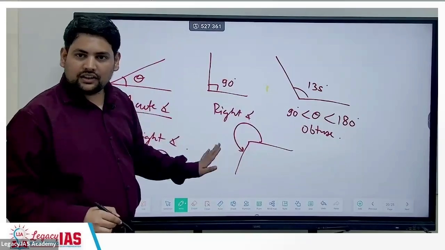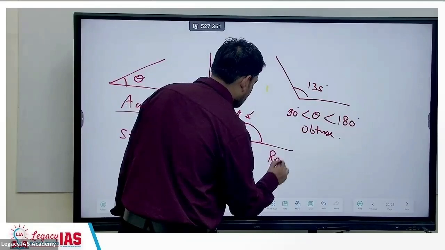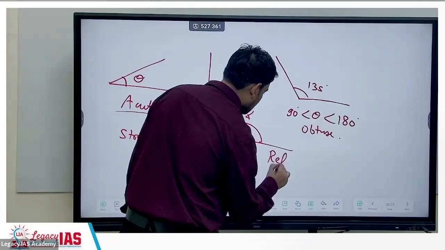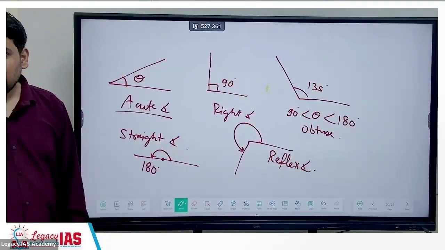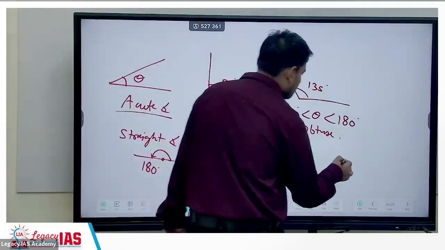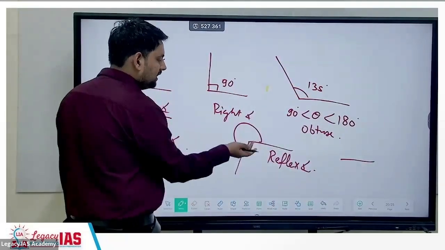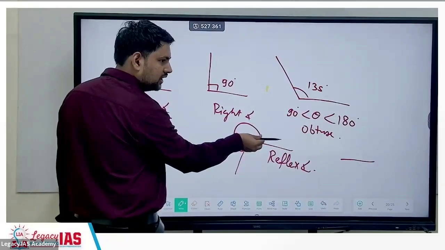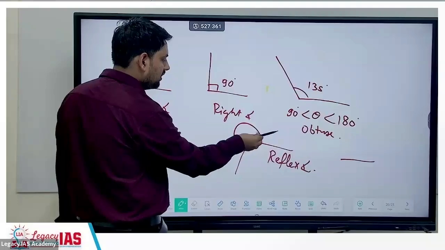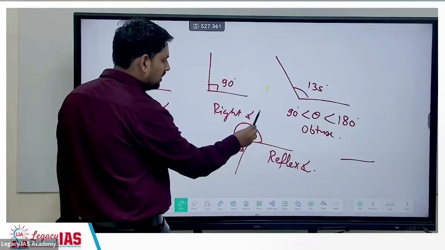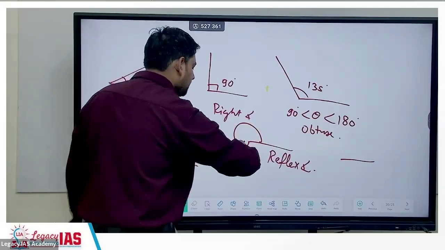If we go more than 180 degree, we will get to something called a reflex angle. And eventually we get to this. Now if I am rotating something, let this line be there, and this pointer is the upper line that I am rotating. So if I keep on rotating it, just see, this is acute angle, this is right angle, this is obtuse angle, this is straight angle, this is reflex angle.